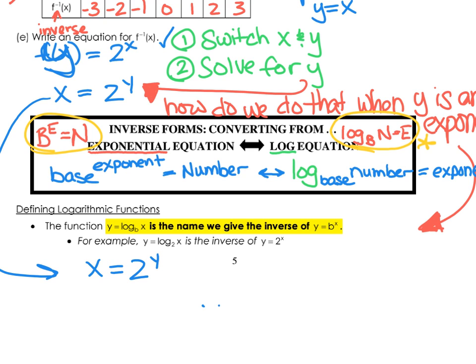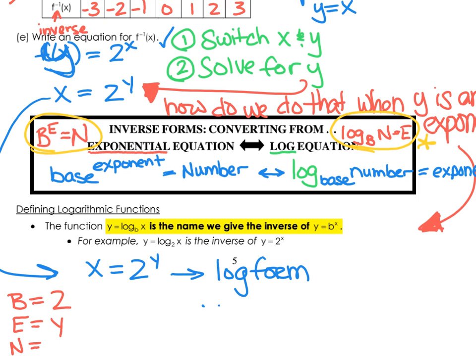Y is an exponent, therefore we need to go to log form. First we're going to identify our parts. Our b, or our base, is the number 2. Our exponent is the y, and the n, which is what they call the number, is actually the x.